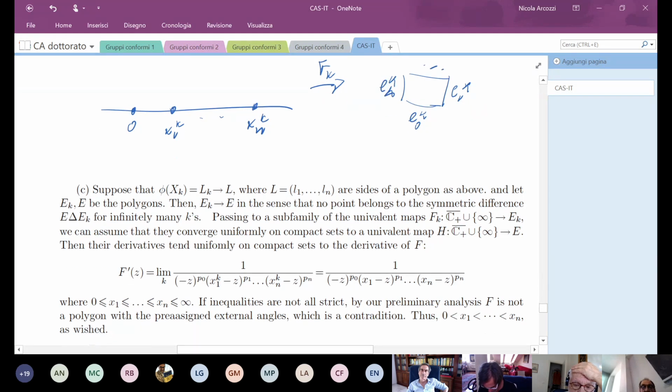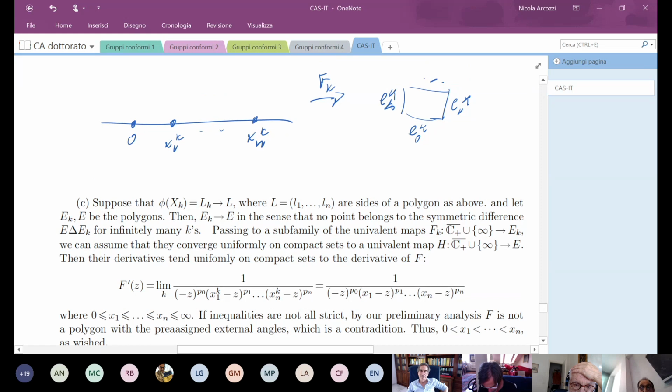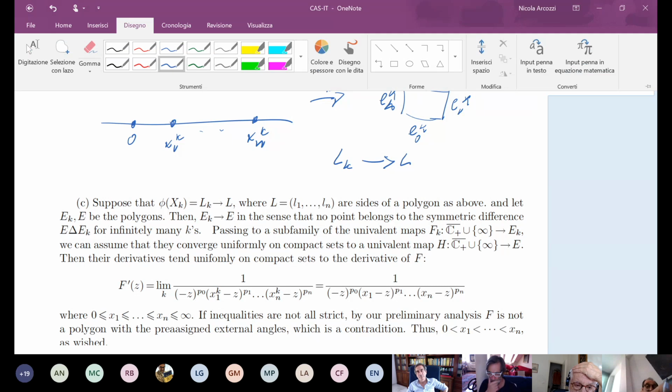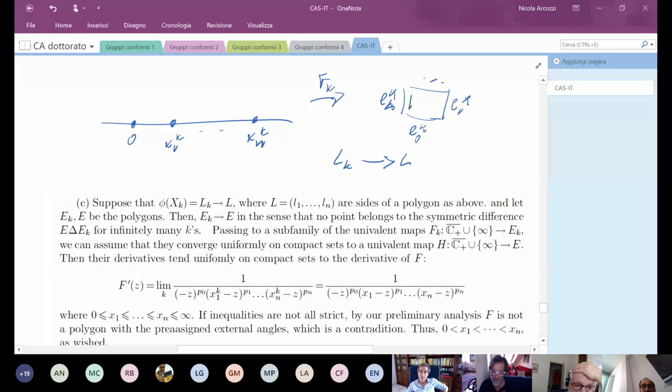Okay, and suppose that as k goes to infinity, that's the point, this Lk, which is this set of edges, goes to some L, but this L is not some degenerate thing, because it has to be in omega 2. So they must be the sides of a bona fide polygon with n+1 sides.